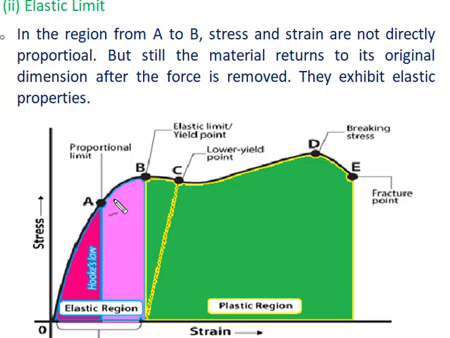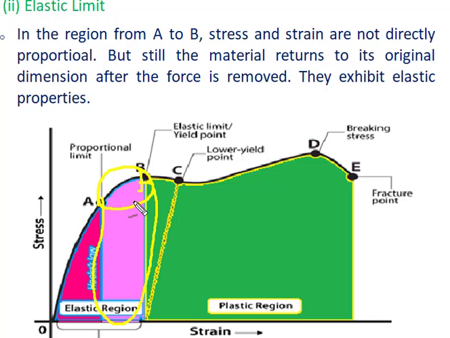Here is the elastic limit, the region from A to B. In this whole area, stress and strain are not directly proportional, but still the material returns to its original dimension after the force is removed.